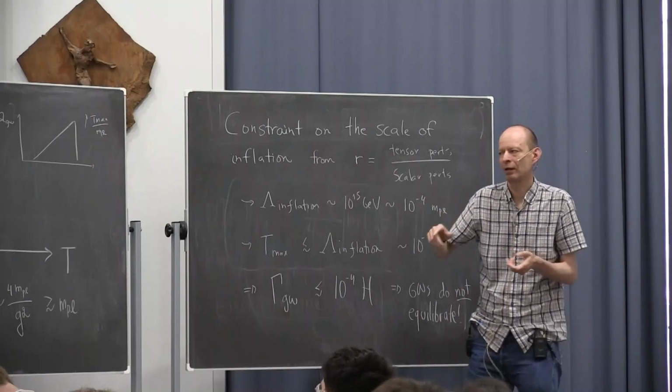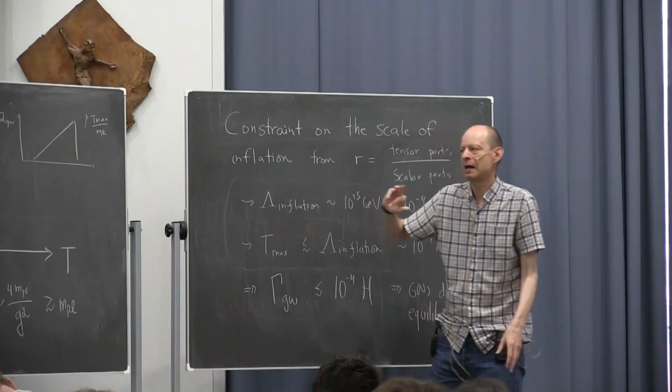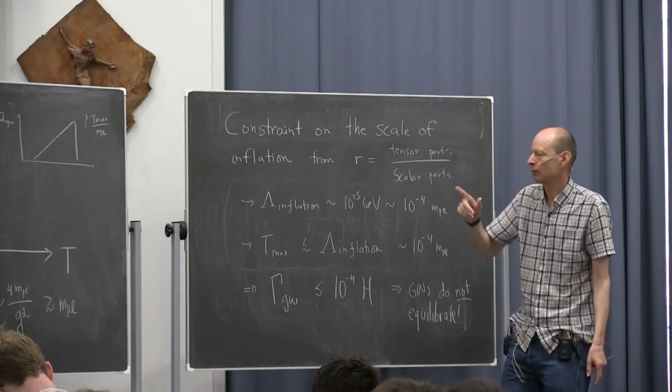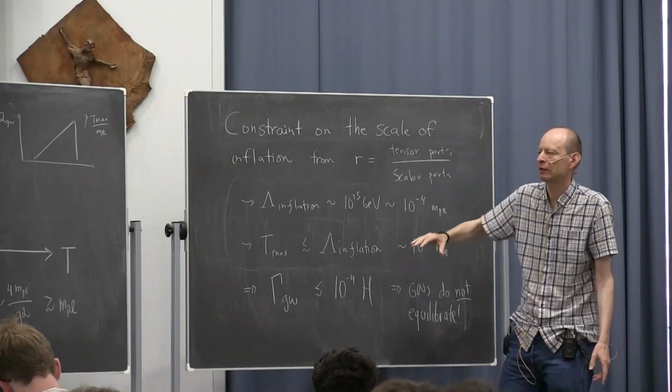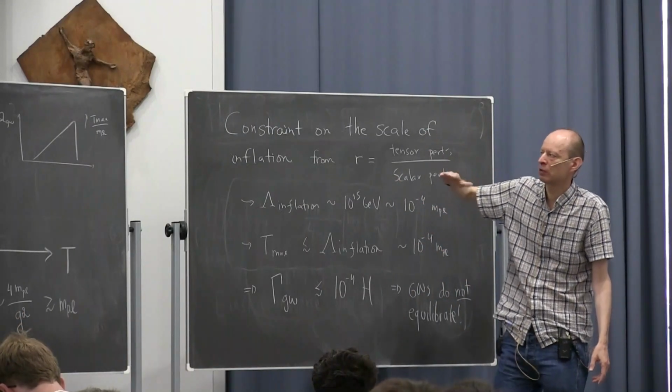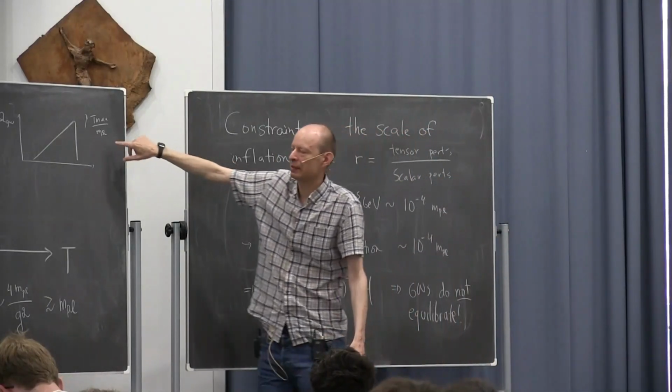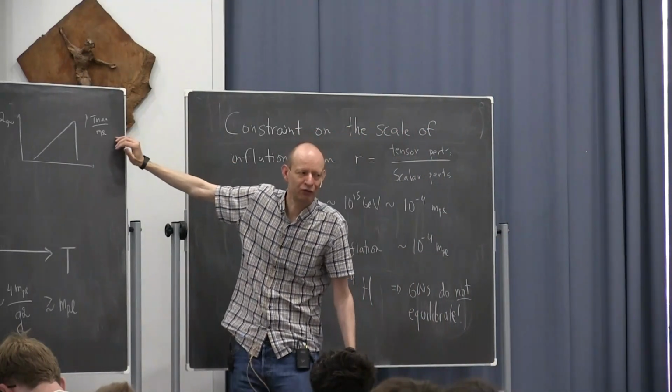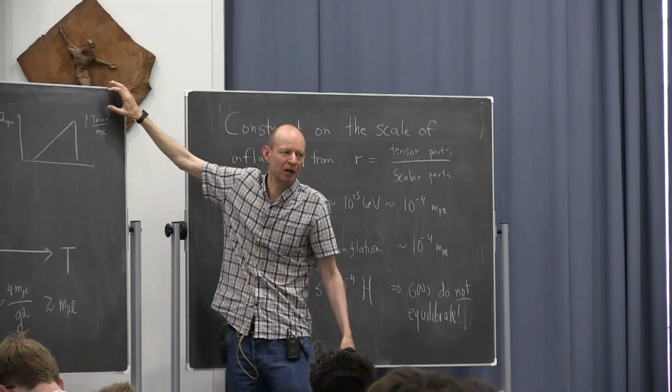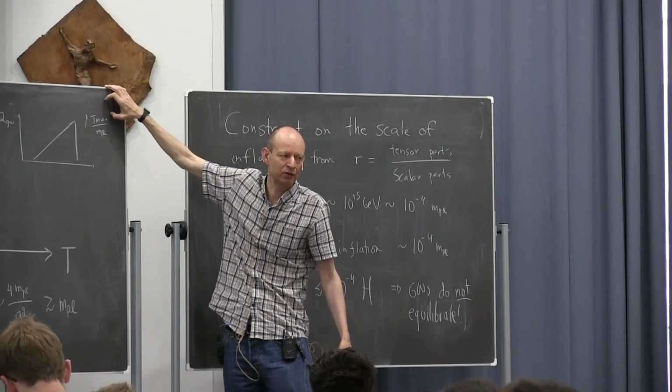Similarly, in analogy with my computation, we found that the amplitude of the gravitational waves, since it's suppressed by the Planck mass, also scales with the other scales of the system. In my computation, it scales with the temperature.